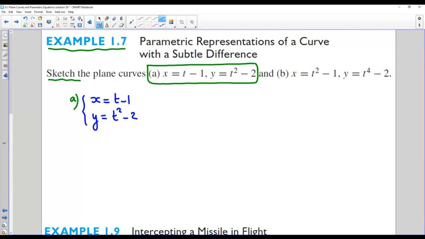The way you do that is actually to find an xy equation. So what we'll do is we will get t from the first equation and then substitute it into the second. So what is t from the first equation? Girls, what is t from the first?